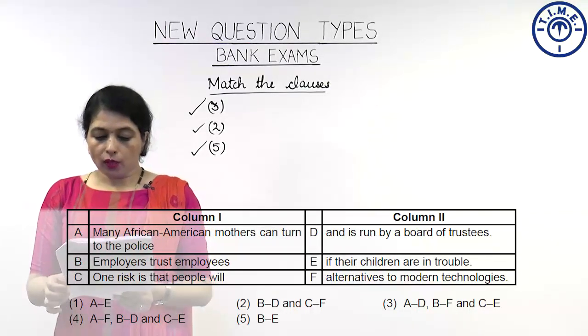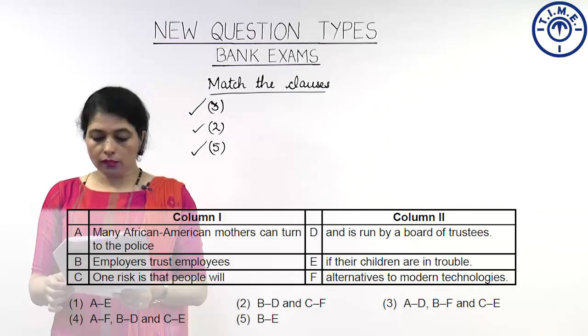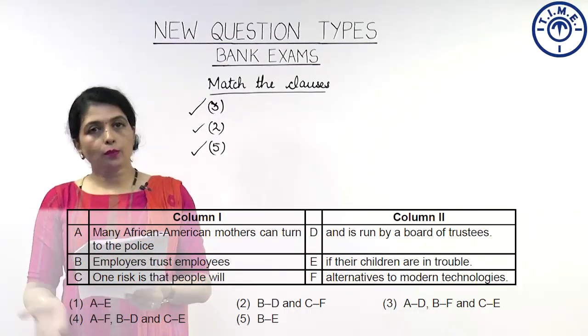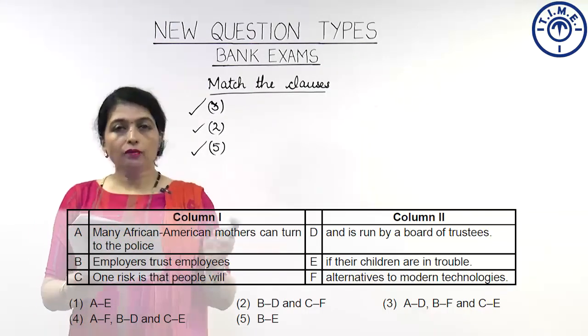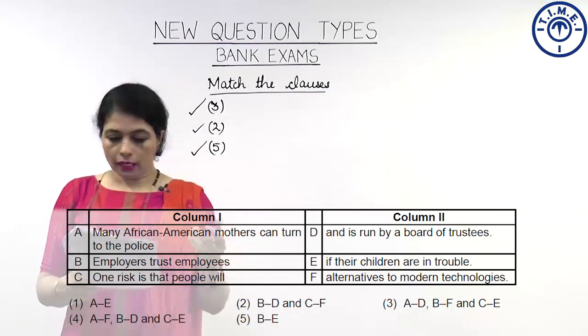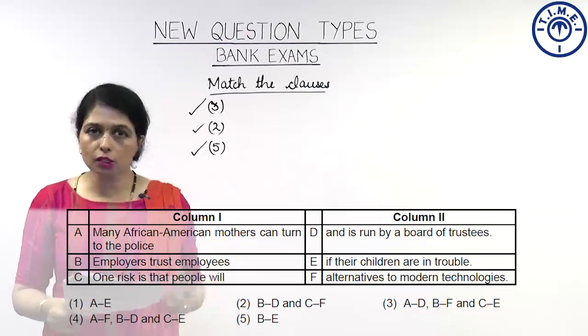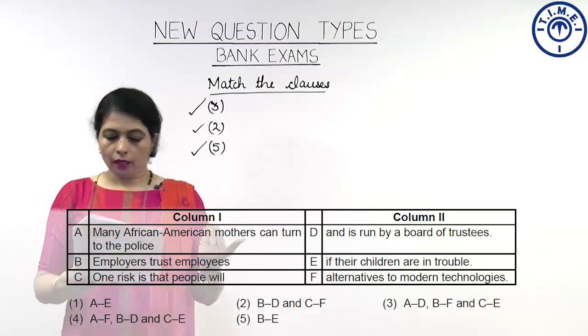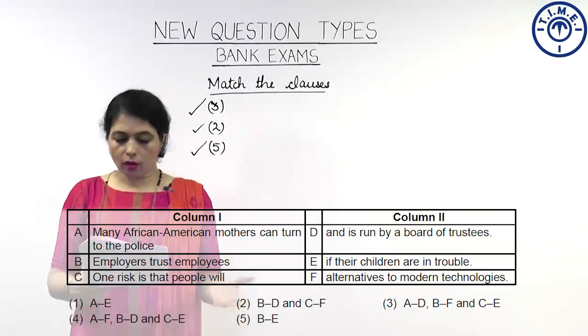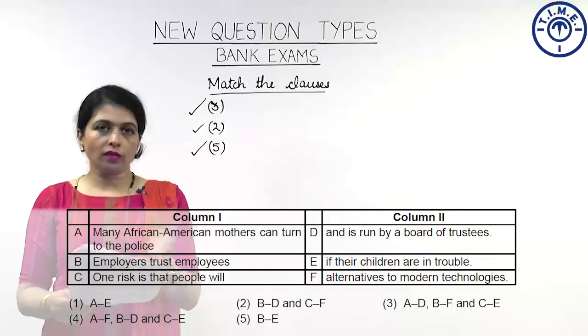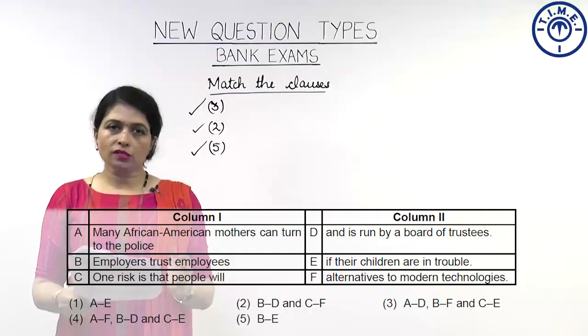B says employers trust employees and is run by a board of trustees. Now, employers and employees both are plural in form, and therefore "is run by a board of trustees" is neither grammatically consistent nor logical. If their children are in trouble, now employers and employees with children being in trouble does not give us any clarity.